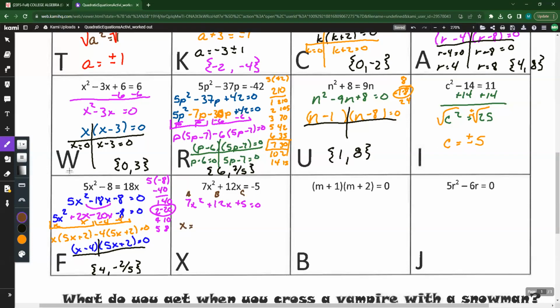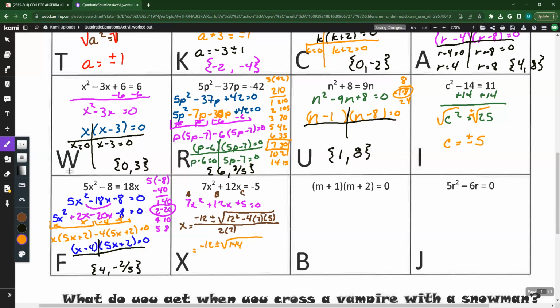Opposite of positive 12 is negative 12, plus or minus the square root of 12 squared minus 4 times a, which is 7, times c, which is 5, all over, remember that has to go all the way over here, 2 times the first. So 2 times 7. So simplifying this out, it equals negative 12 plus or minus the square root of 144.